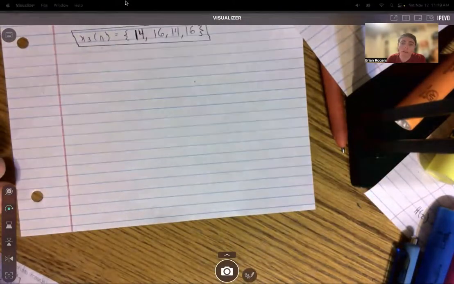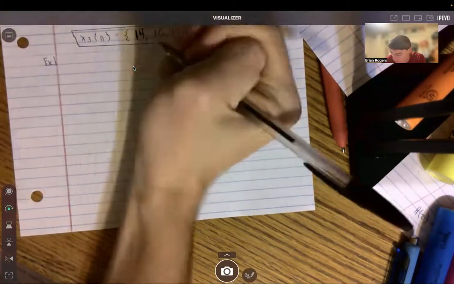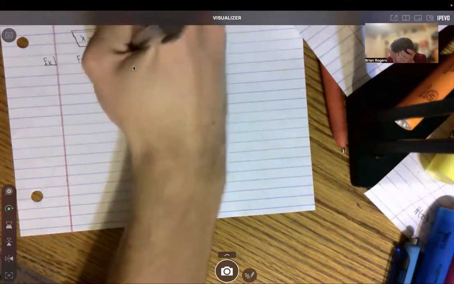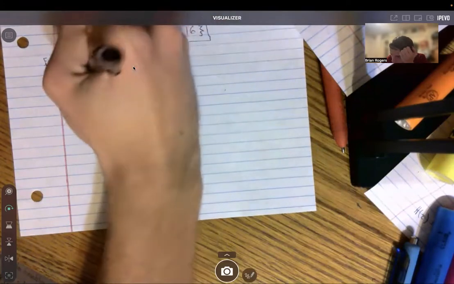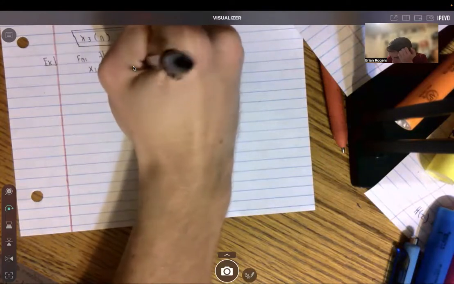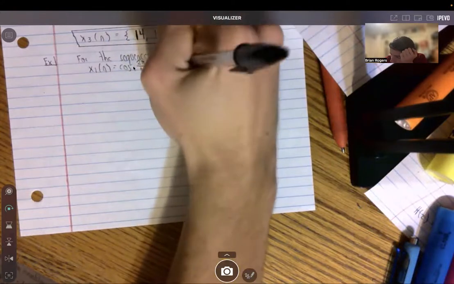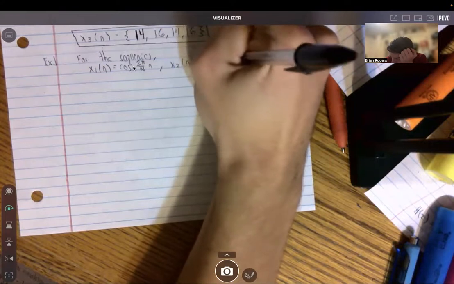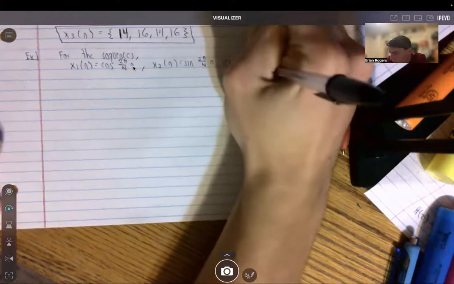So now we're going to be given the two sequences. So for example, for the sequences, x1 of n equals cosine of 2 pi over capital N times lowercase n, x2 of n equals sine of 2 pi over capital N times lowercase n, for n from 0 to N minus 1.